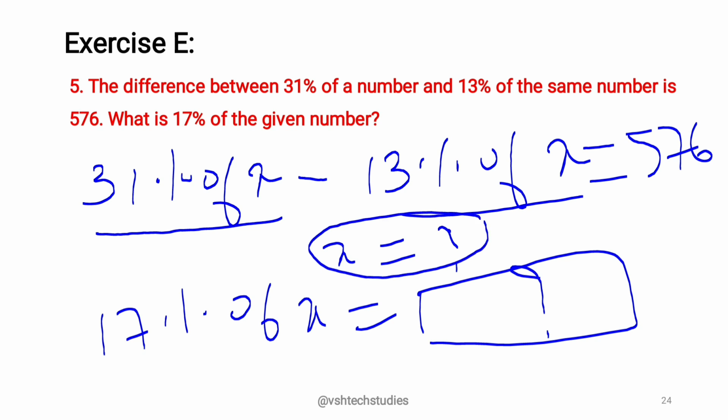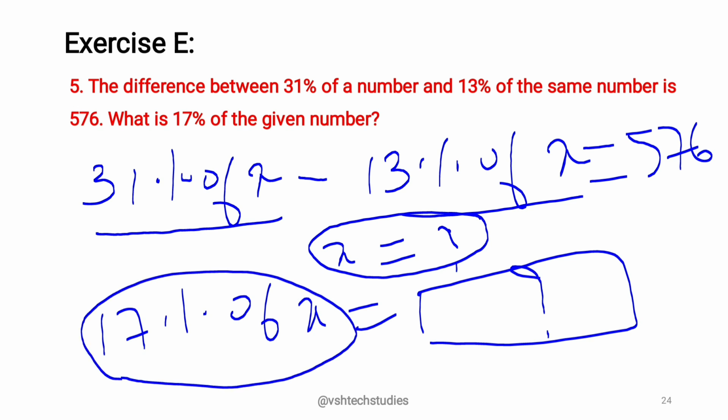First we'll have to find x. 17% of x, that is the question. So this will be the answer. First we have to find the given number, that is x. Then 17% of that number will be the answer. So this is the analysis and approach to the problem.